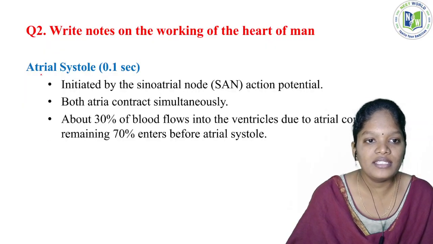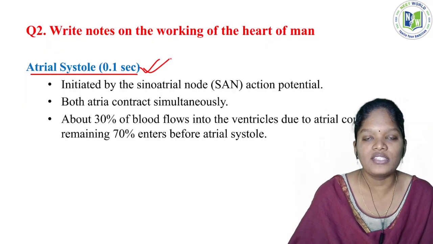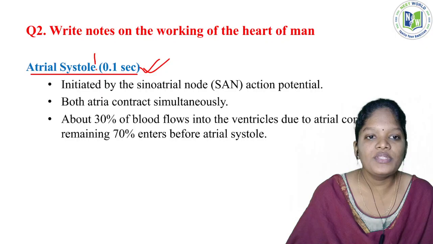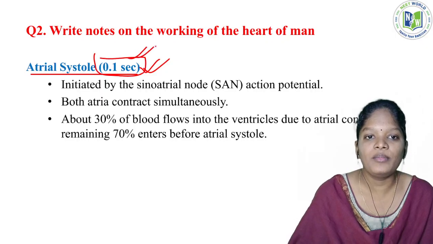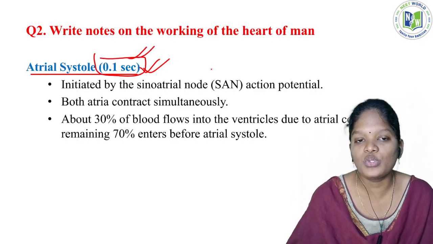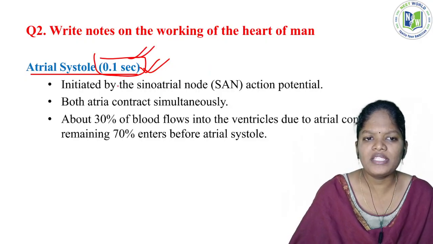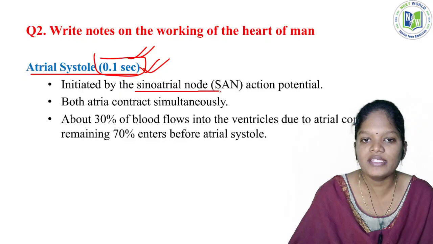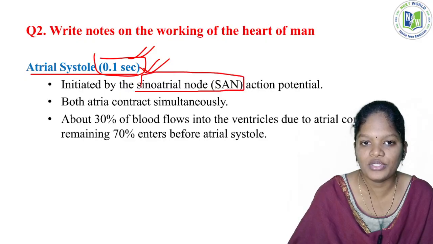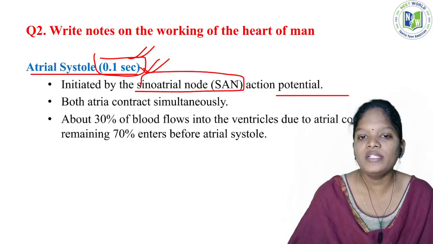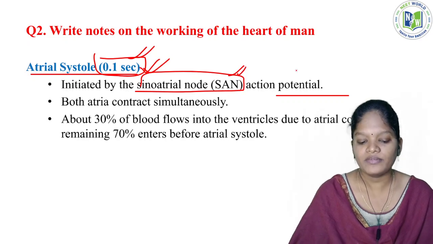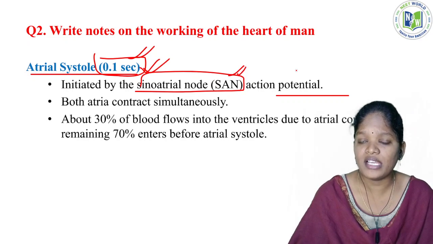The second condition is the atrial systole. The duration of this atrial systole is 0.1 seconds. It is initiated by the sinoatrial node action potential, the impulse created by the sinoatrial node.